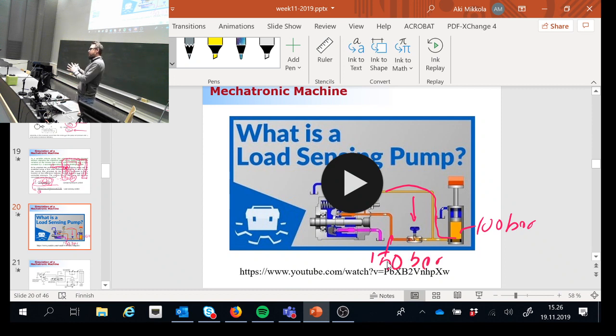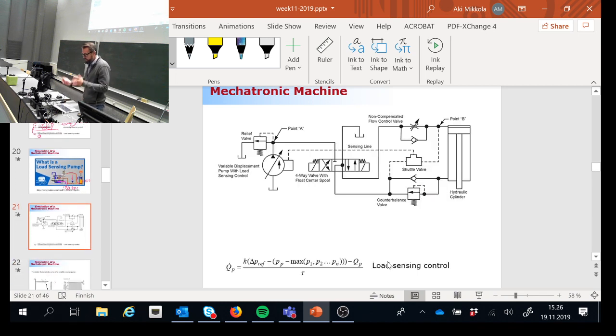And now the beauty of this procedure is that these measurements can come from a number of different locations in your hydraulic circuit, and then you just select the one that has the maximum value. That's how it goes.